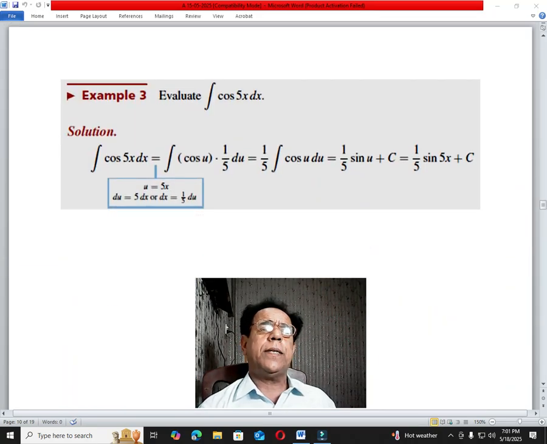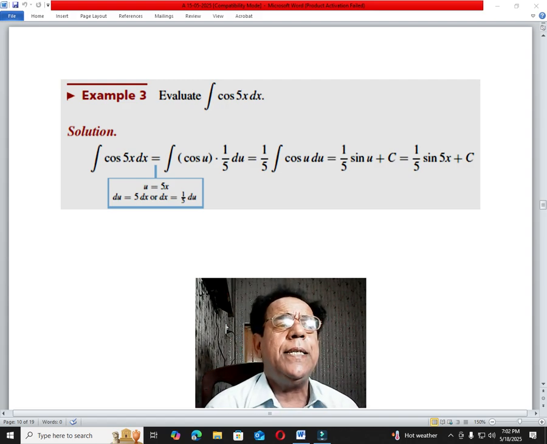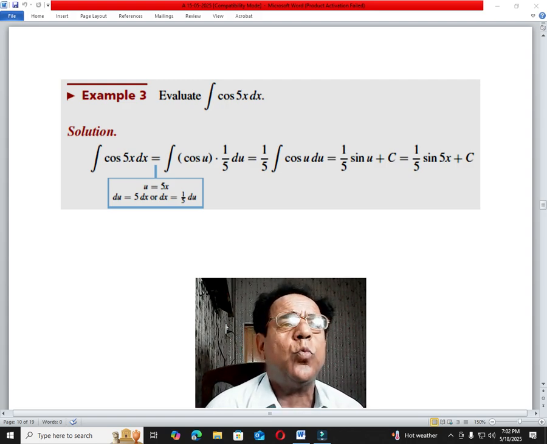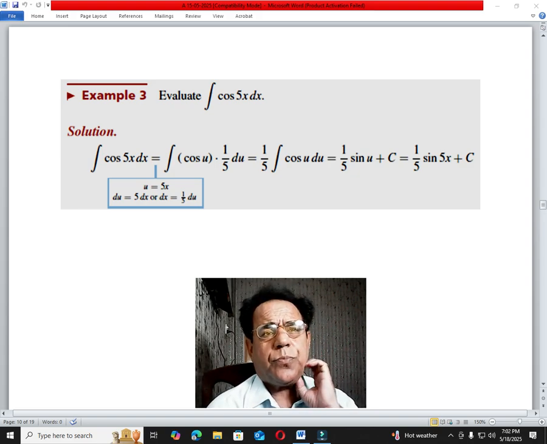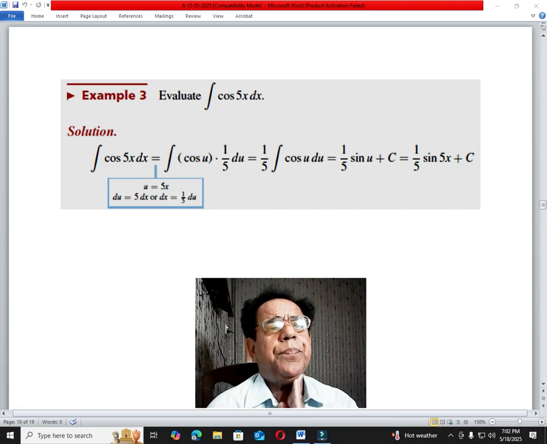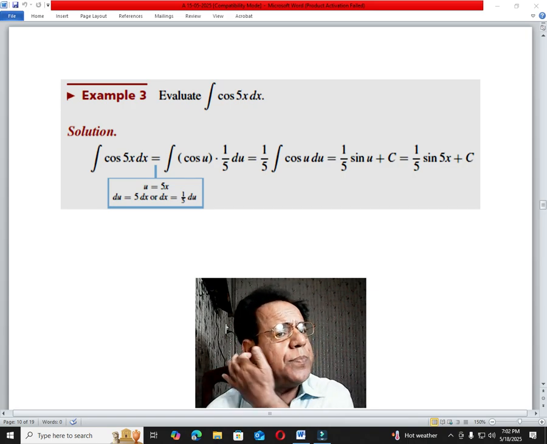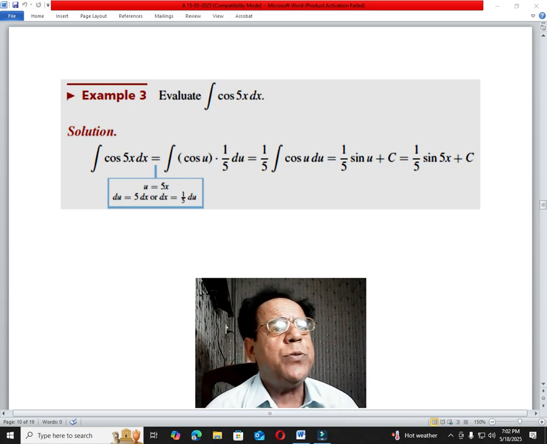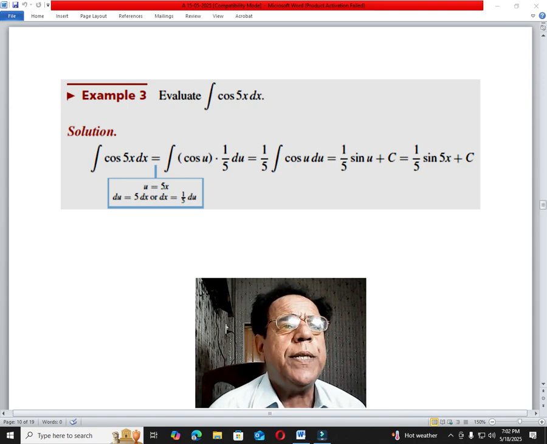Okay, here dear students, we will substitute 5x equal to u, and then du by dx will be equal to 5, and hence 5 into dx will be equal to du, or 1 by 5 du will be equal to dx.